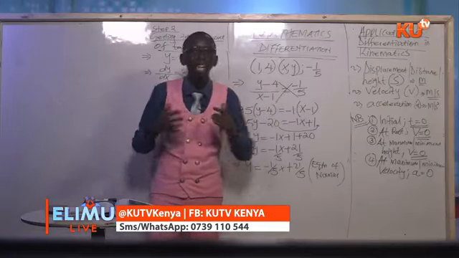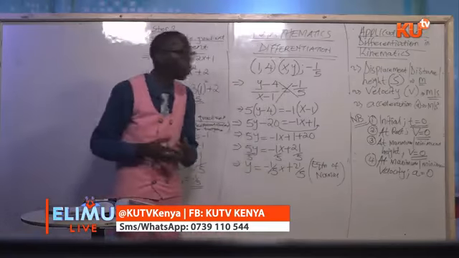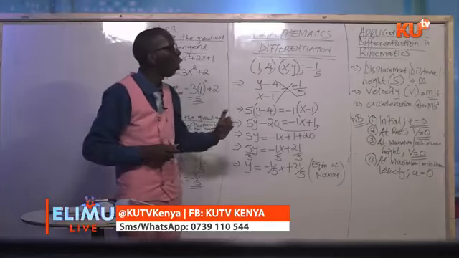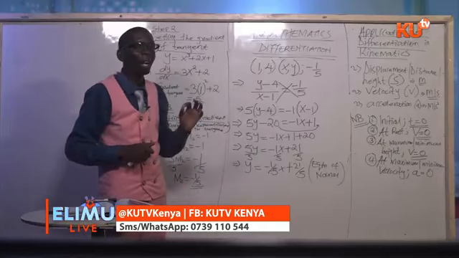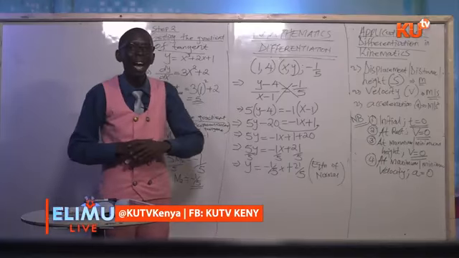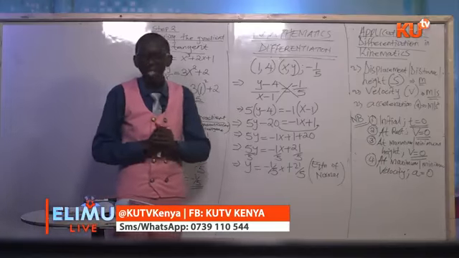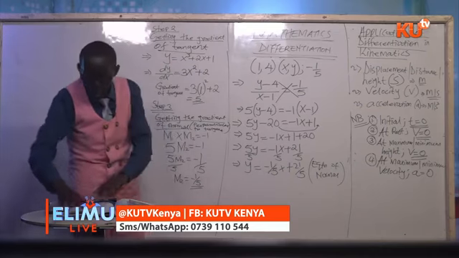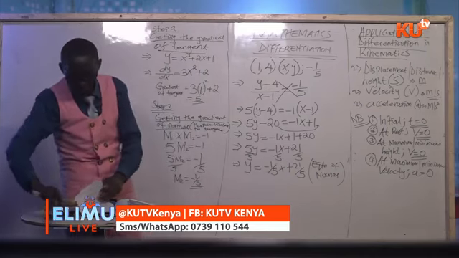Those are important concepts that you need to note on the application of differentiation in displacement, velocity, and acceleration. Let us have one 10 marks example so that you may understand better.